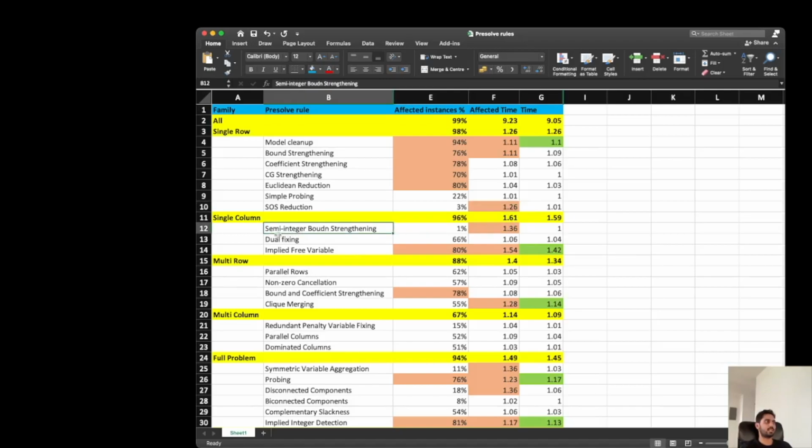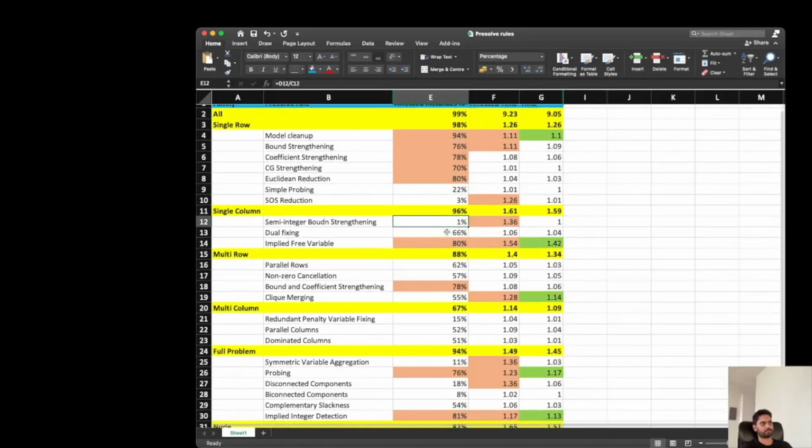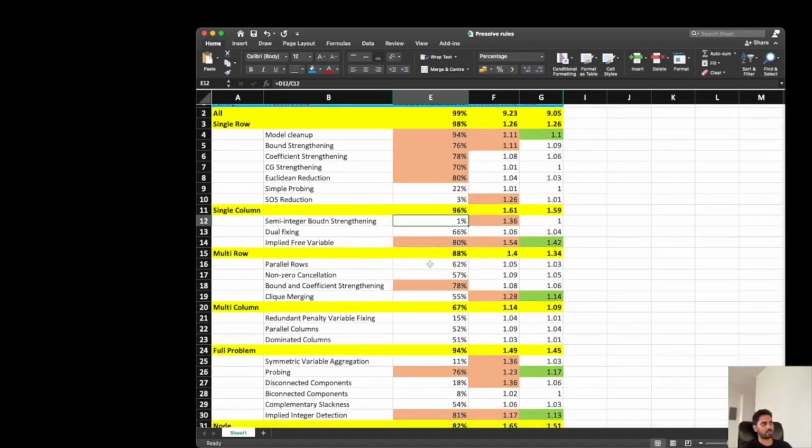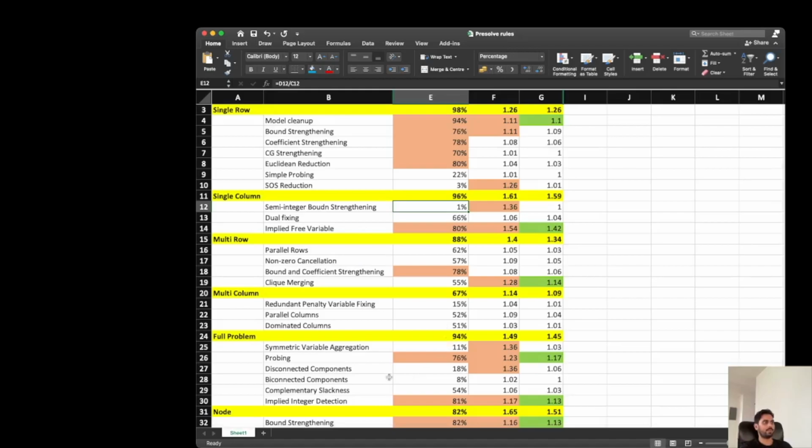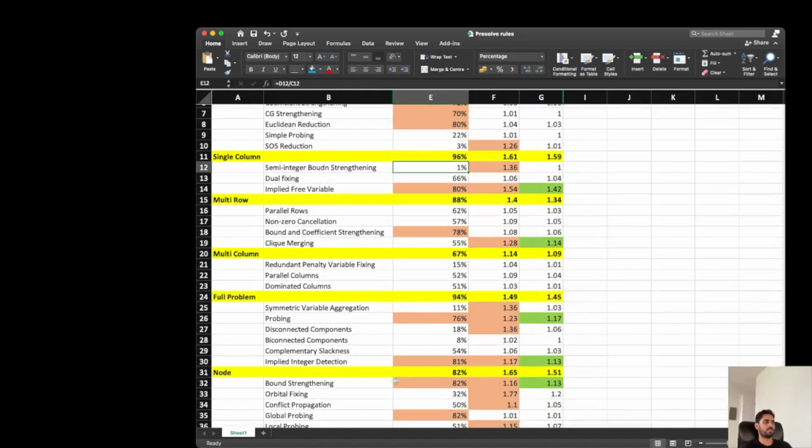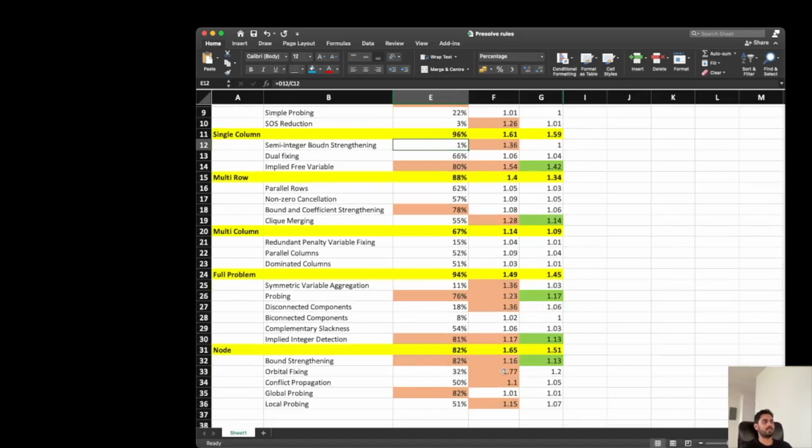And here is semi-integer or semi-continuous variables bound strengthening. It's a 36% gain, although it only affects like 1% of the instances. There are a lot of Presolve rules like that, which do not affect a lot of instances but have big gains. For example, orbital fixing has like 77%. This has to do with symmetric variables and the things that we discussed earlier in this video.